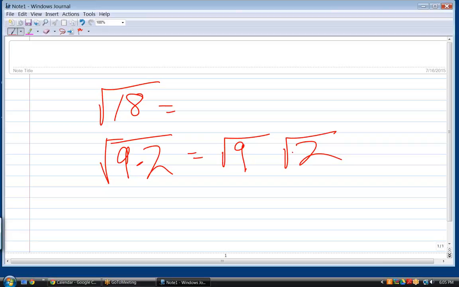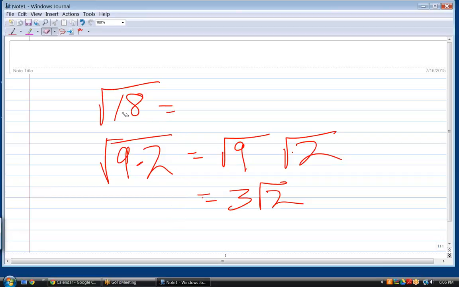Well, what's the square root of 9? The square root of 9 is 3. So our answer is 3 root 2. So the goal, whenever you're simplifying radicals, is to find a factor of 18 that is a perfect square number.